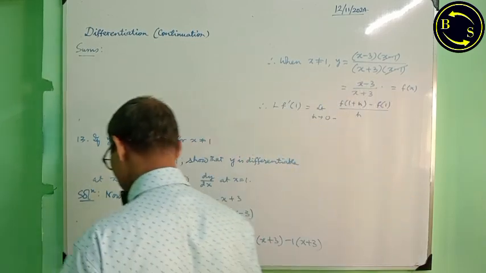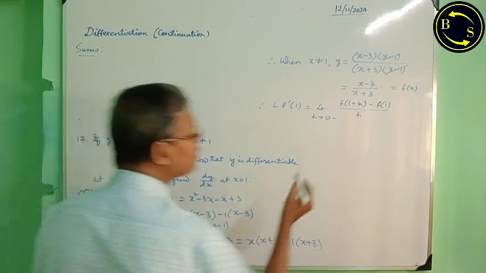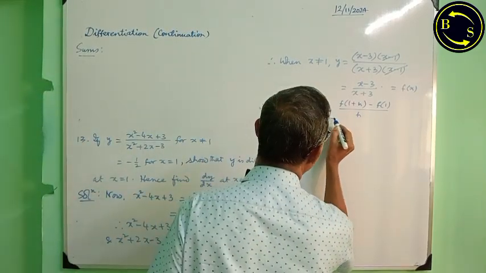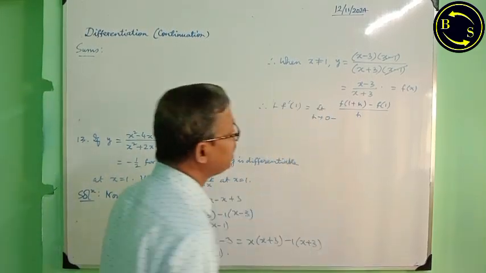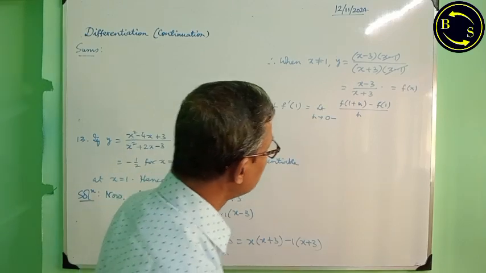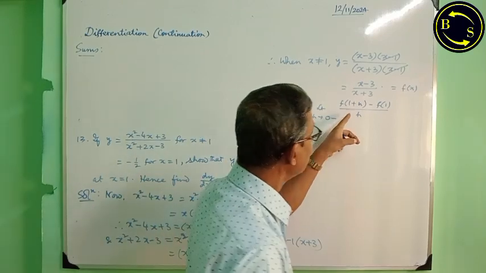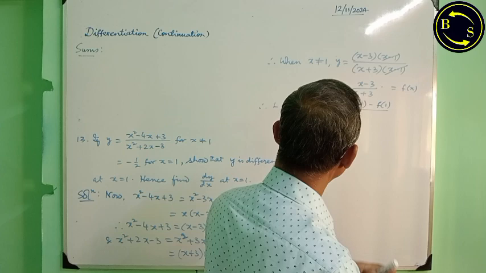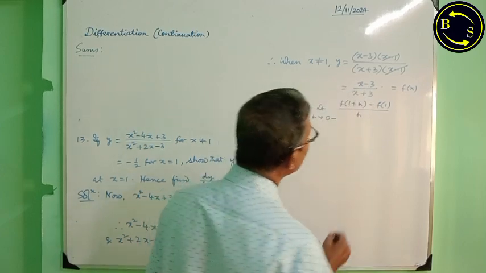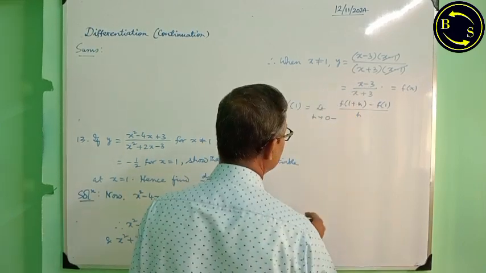As per definition, this one, h tends to 0 minus. H tends to 0 minus means h less than 0. Therefore, 1 plus h will be less than 1.